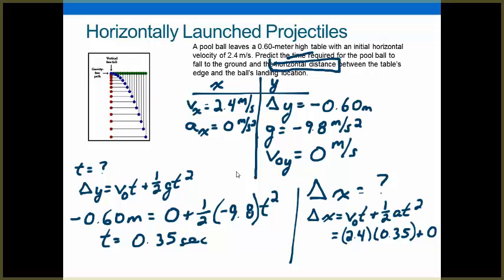So to figure out our displacement horizontally, I'm just going to take my horizontal velocity times the amount of time that I'm in the air. Take the time to hit pause, type this in the calculator to make sure you're going to get the exact same answer I am. When I calculate this answer, I'm getting 0.84 meters. So that's how far that pool ball would hit the ground away from the table.